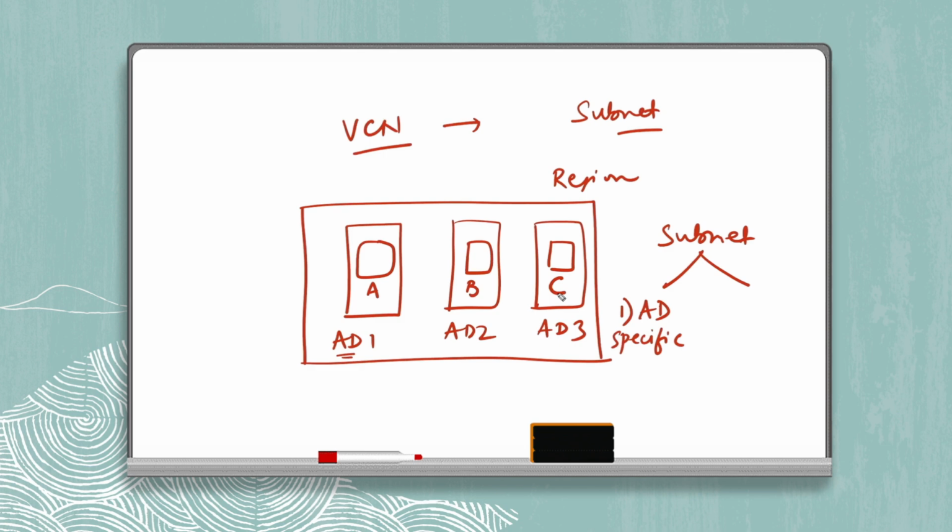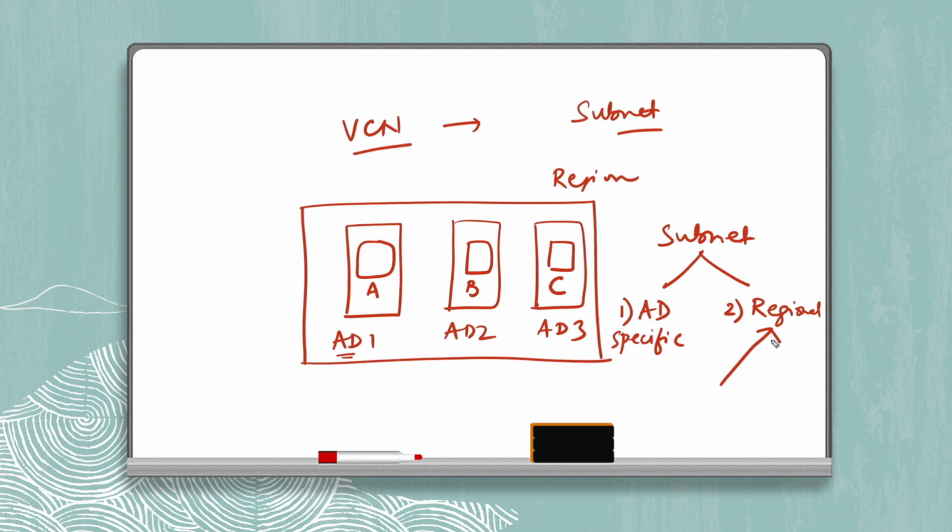This is one type of subnet. The second type of subnet that we have is what is known as a regional subnet. And this is typically the choice when you are creating a subnet. This is the best practice, or we can call it the recommended option.